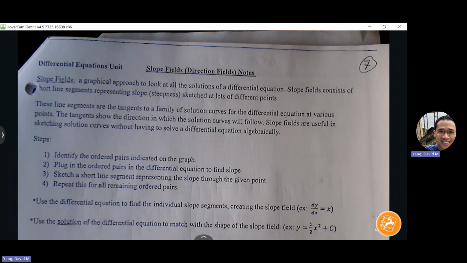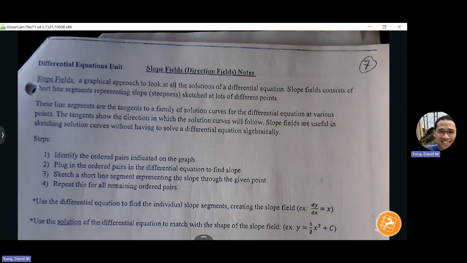But we have very restricted setups for solving differential equations. We have to be able to separate the variables. Not every differential equation can be separated easily. And then we also have to have a rule that can apply for our integral or for our differential equation.